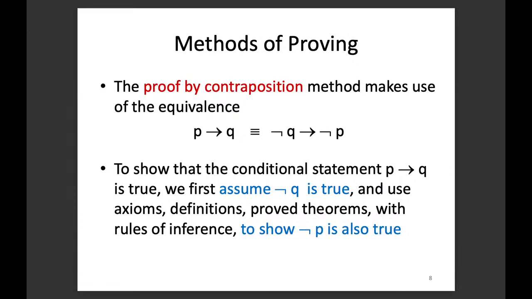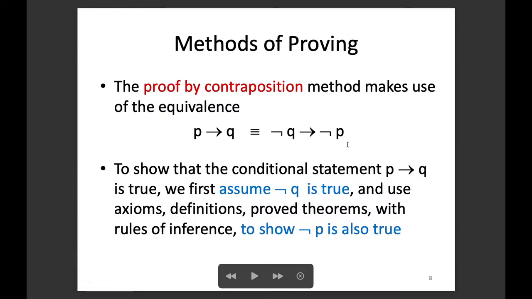Recall that P implies Q is logically equivalent to not Q implies not P. This is called the contrapositive of the original implication, right? So to show P implies Q is true, it is equivalent to show not Q implies not P is true. So proof by contraposition is simply that we show this one instead. Once it is shown to be true, the original P implies Q will be true.